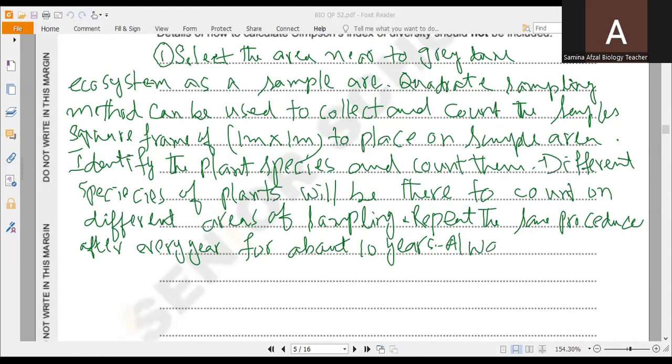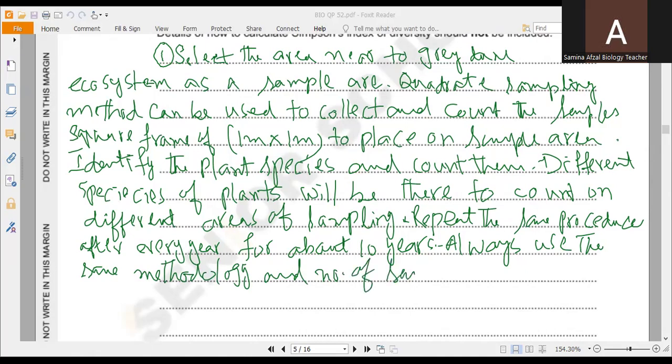Always use the same methodology and number of samples.